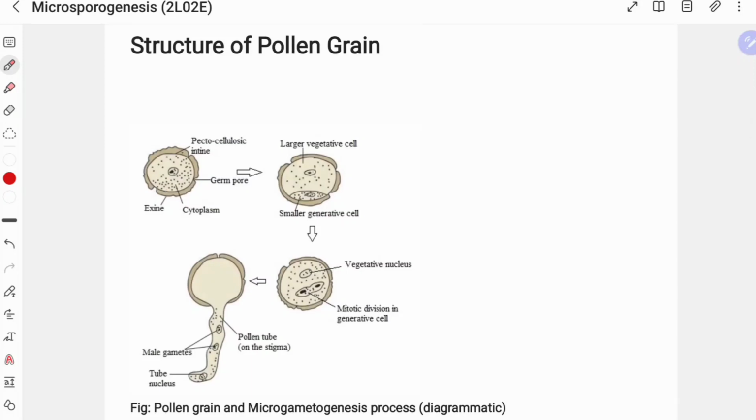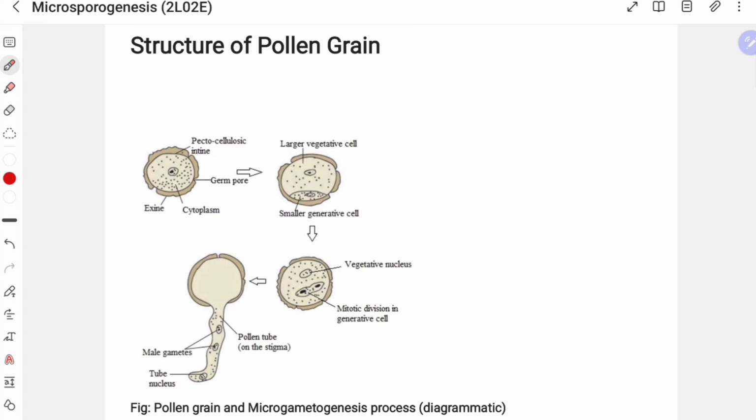This is the pollen grain. You see the large vegetative cell, the small generative cell, then the vegetative cell nucleus, and the meiotic division. The generative cell divides in two parts, and then two male gametes are inside when the pollen tube develops.